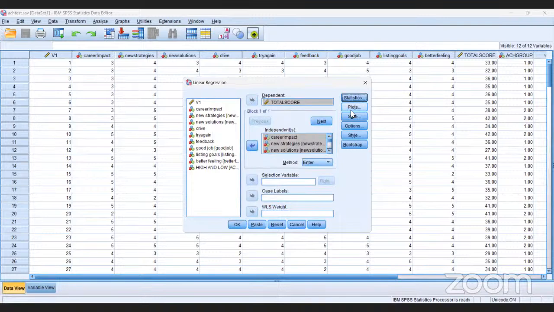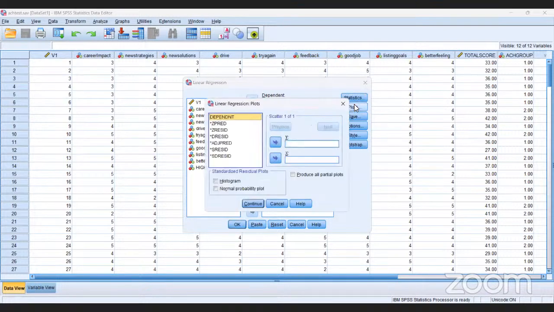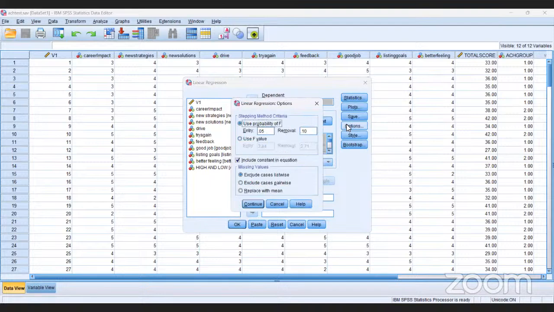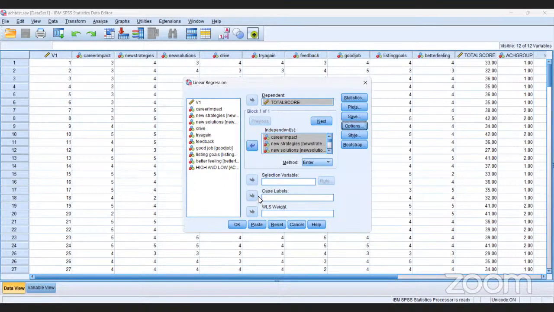Continue. Plots is there. So this is not required now. Options, 0.05 level. That is okay. Okay, so I am clicking OK.